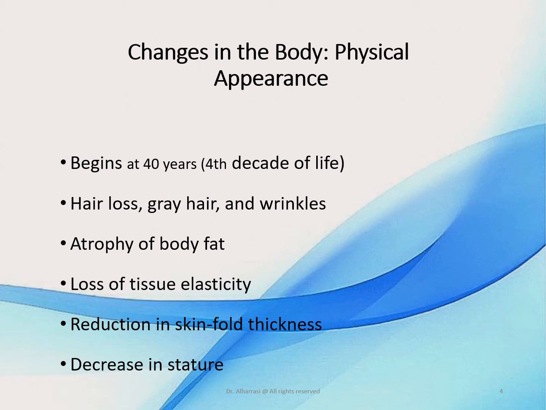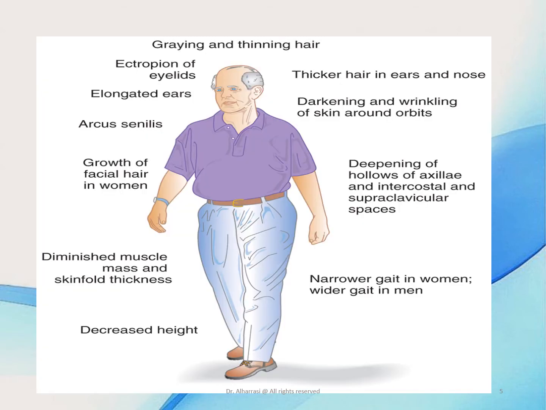By age 40, or the fourth decade of life, as you may know, there is hair loss, gray hair appearance, wrinkles, atrophy of body fat, and loss of tissue elasticity in general. In addition, there is a reduction in skin fold thickness, unlike in adults and children. There will also be a decrease in stamina.